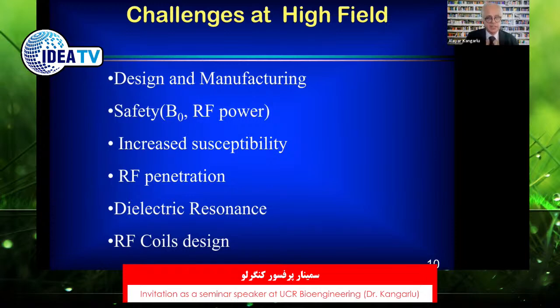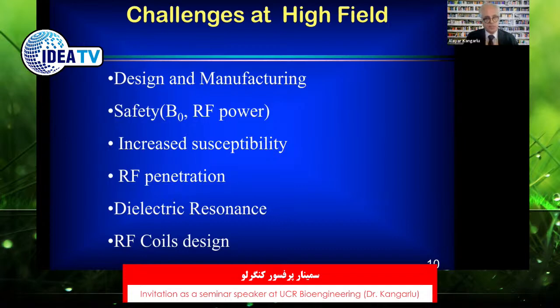The concern was that all the air cavities in the brain or in the body, such as the auditory canal and the sinuses, will pose a huge tissue loss. And that was indeed the case as we generated those images, but there have been many clever solutions that different groups have offered and implemented.